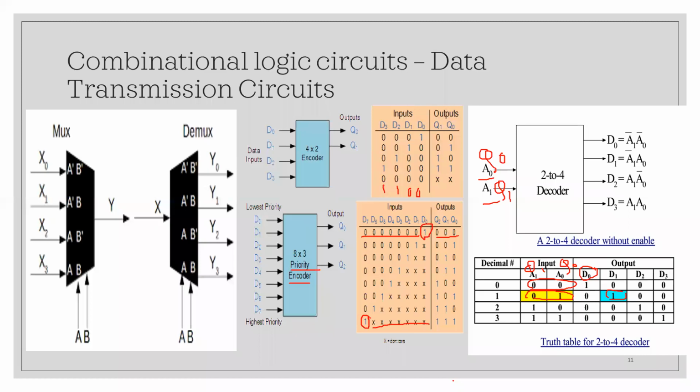So basically, what it implies in a simple form is, if D7 is 1, the remaining inputs can be anything. Whether it is 0 or 1, no need to bother. The output has to be 1, 1, 1.